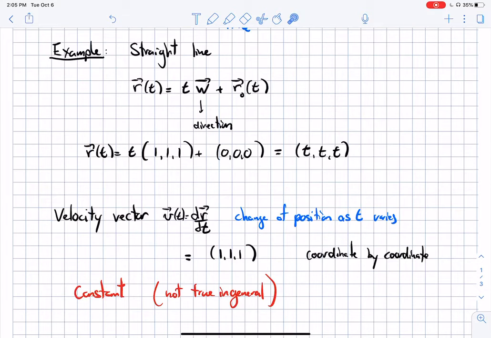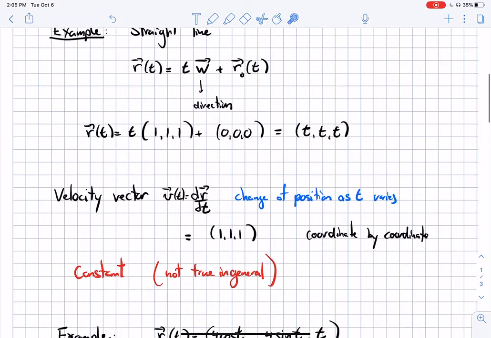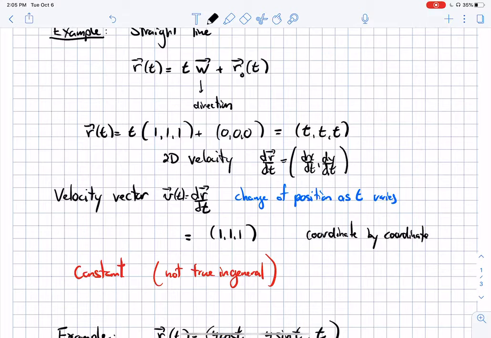How do you do it? We already did it in two-dimensional space. In 2D, the velocity vector is simply the change in x and the change in y, so how x changes with respect to t, and the same thing in y. It's the same thing here.